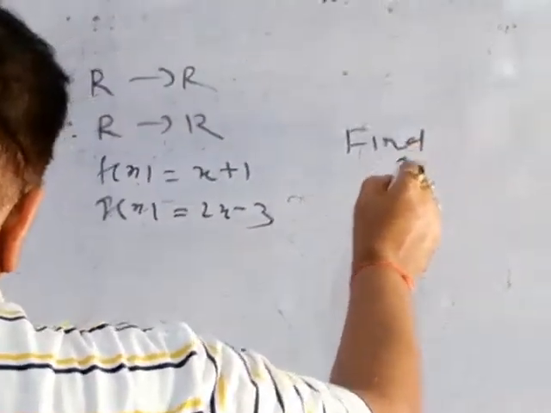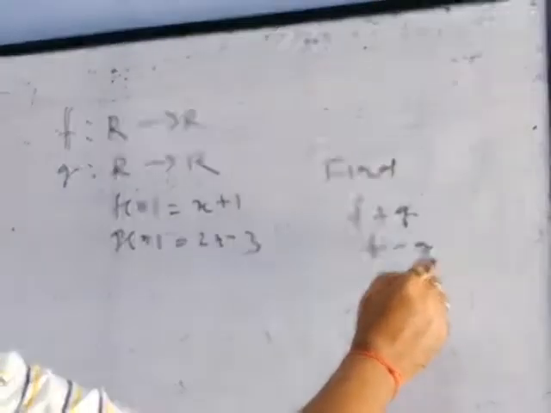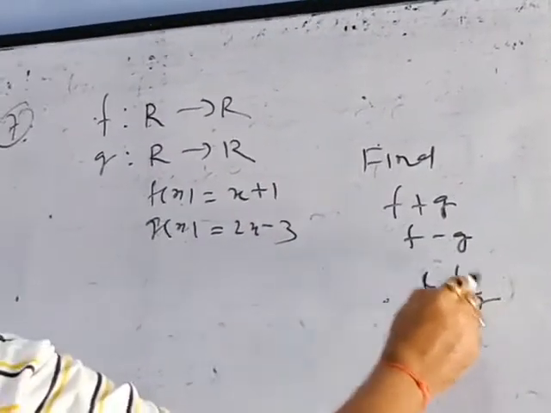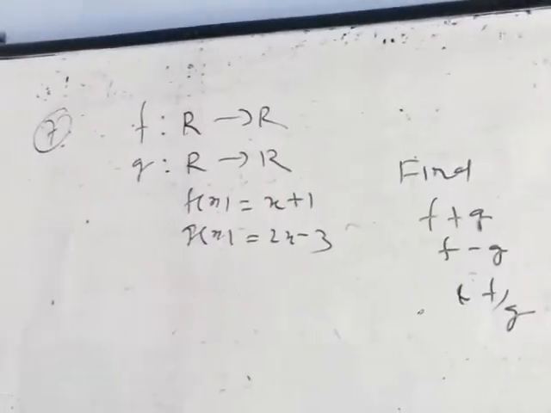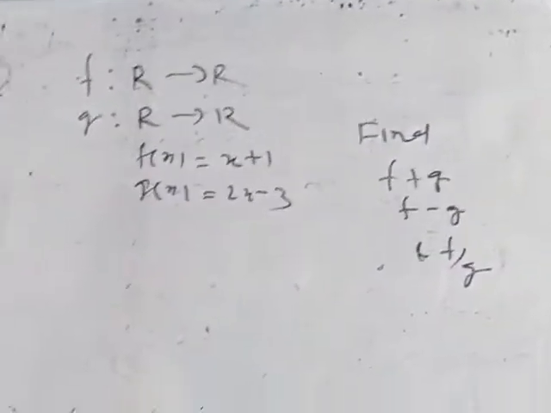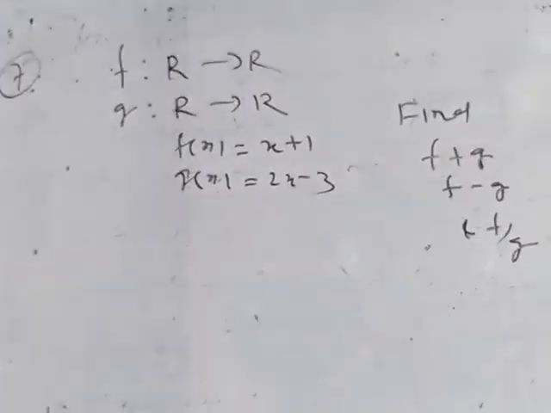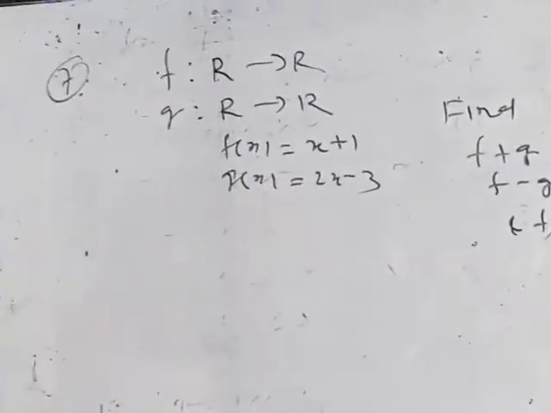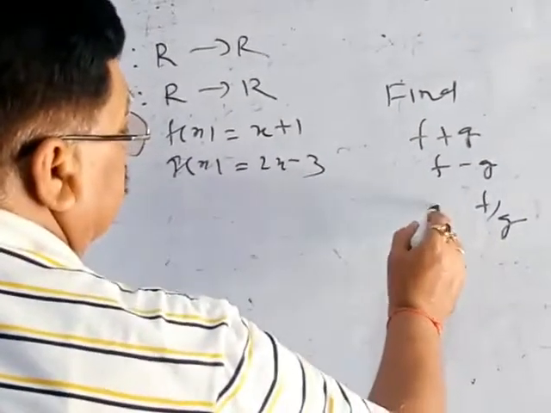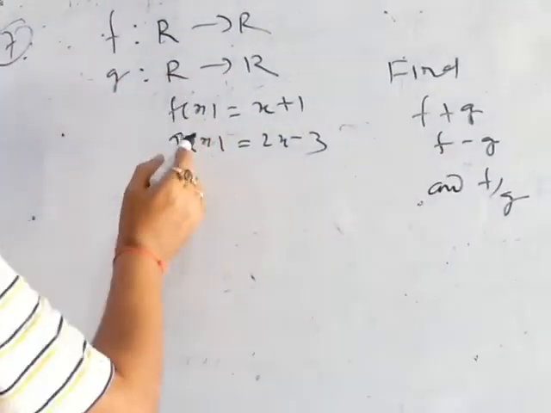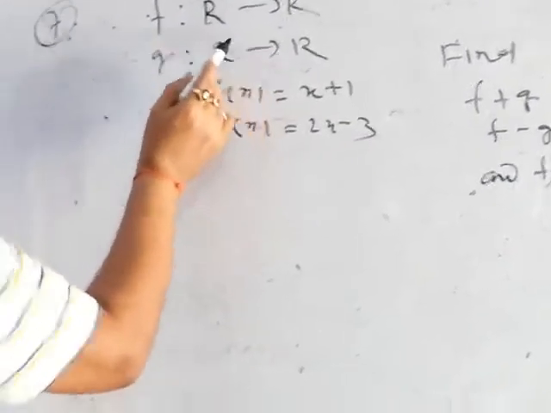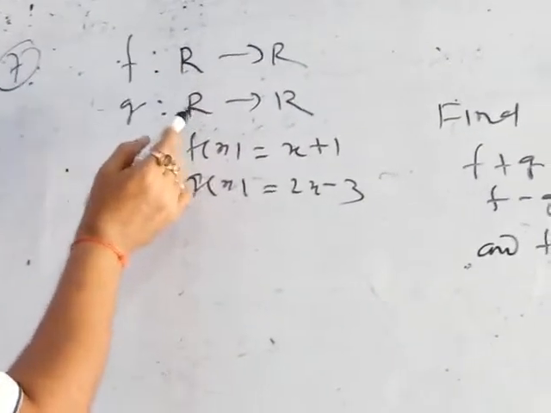Find f plus g, f minus g, and f by g. This is the operation related question based upon addition of functions, subtraction of functions, and multiplication. And so here we see that the real to real domain of both is the same.